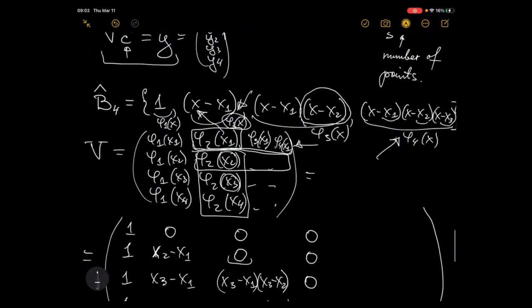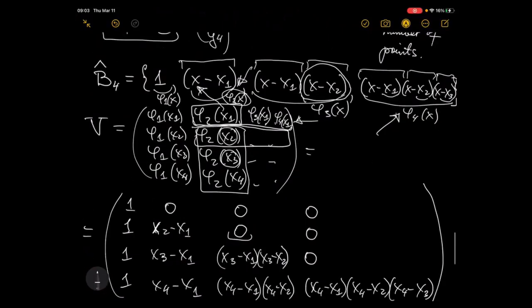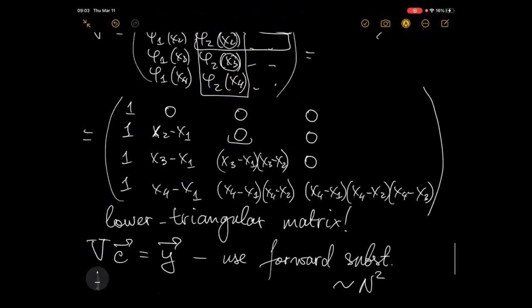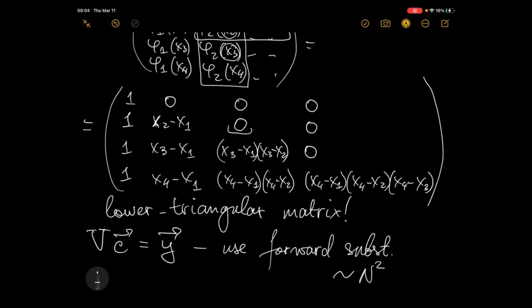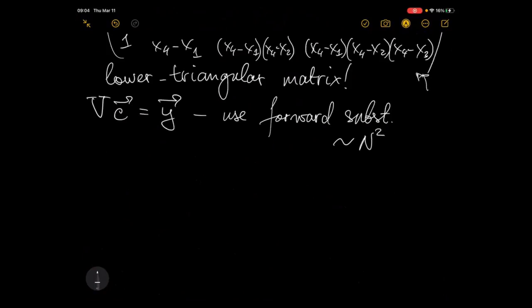different bases. So you see, instead of the linear term, we use this one. Instead of the quadratic term, we use this one. Instead of the cubic term, we use this one. So the powers are the same, but it contains slightly different expressions. So it's not a basis of monomials anymore, but what is interesting is that the Vandermonde matrix will look like that. It's lower triangular, so we can use forward substitution and easily solve the problem.